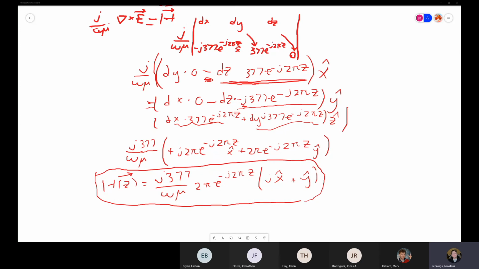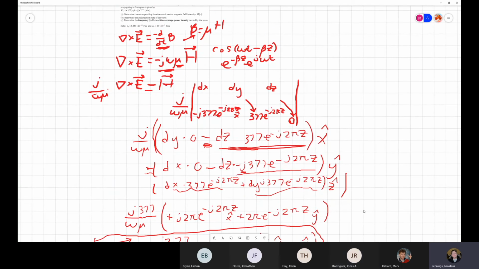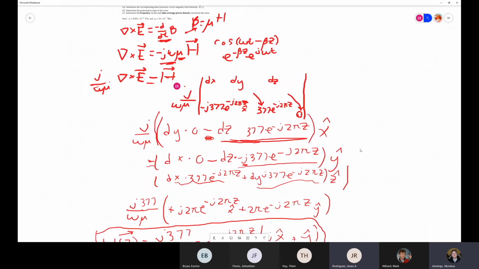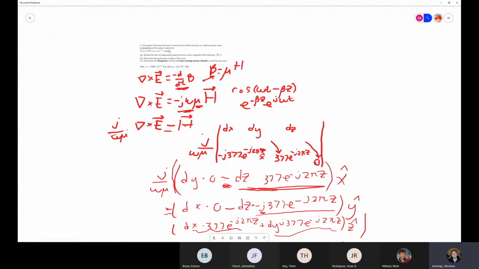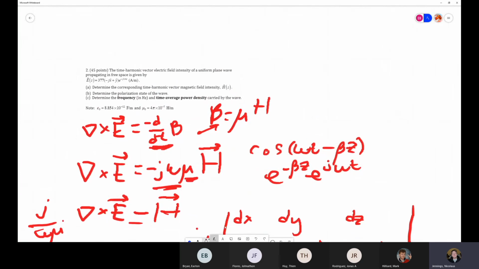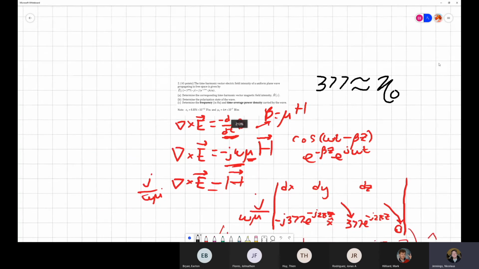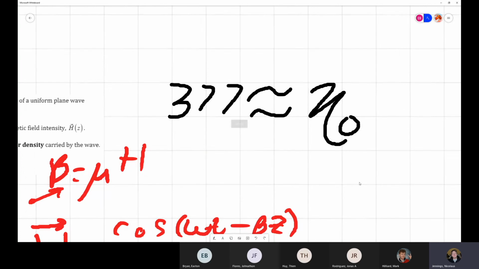Can I also say something as well? Yeah, sorry. Okay, so one thing, Easton did this correctly, I think, from what my answer seems. He hasn't gotten to the next part yet, but what you can do right here, maybe you guys have seen some of the homework already, is recognize that 377 is approximately the intrinsic impedance.